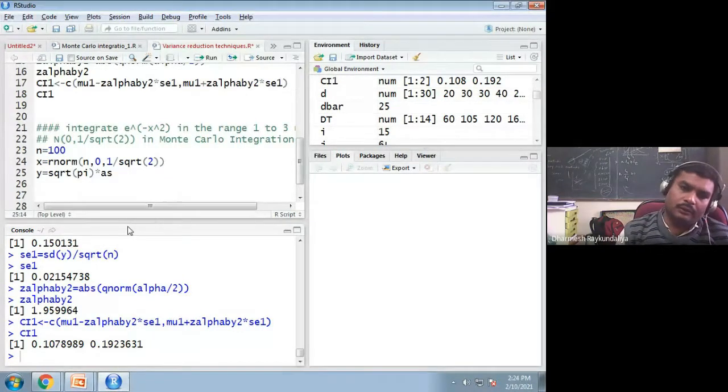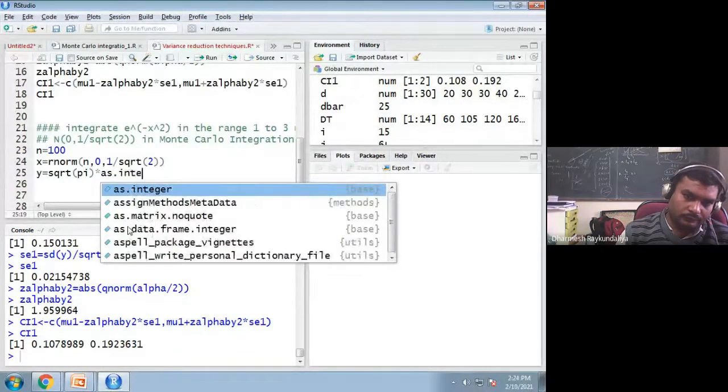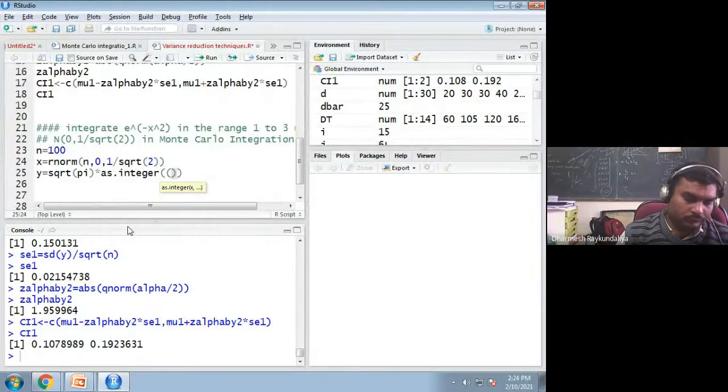It takes value 1 or 0. So as.integer of x less than 3, or you can also add equal to. There is no issue because we are allowing both.